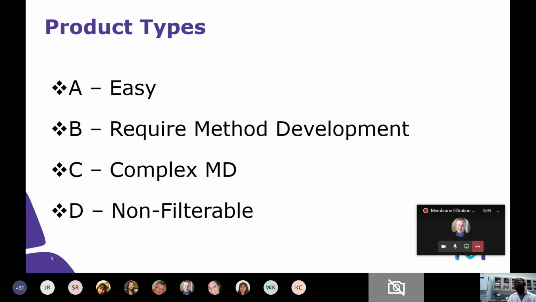Then we have the complex method development products. These are products that easy dilutions don't help with. Just reconstitution may not help, and warming may not be enough. You may have to use IPM or enzymes.